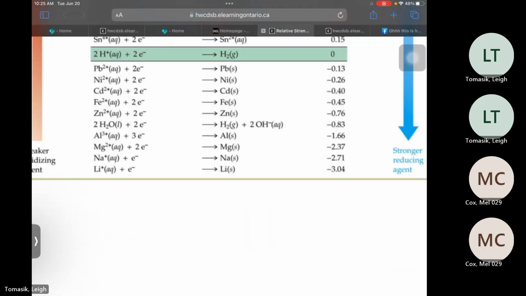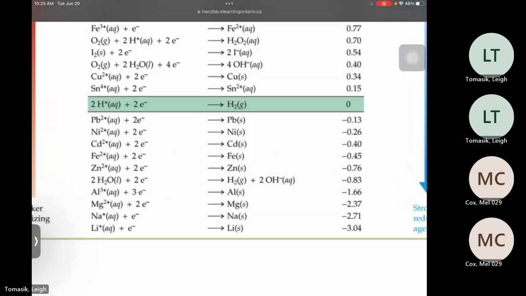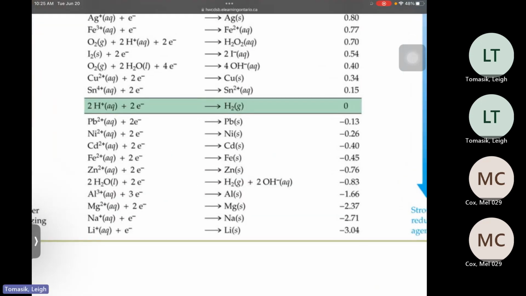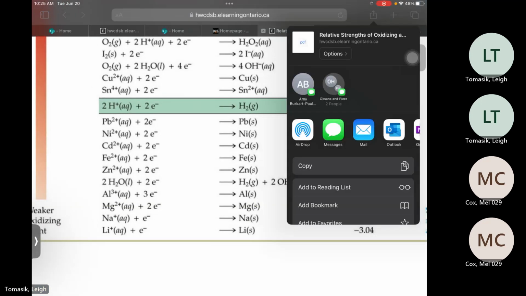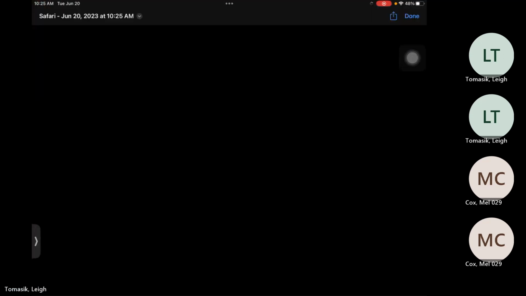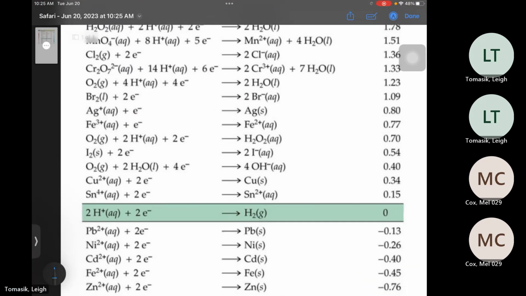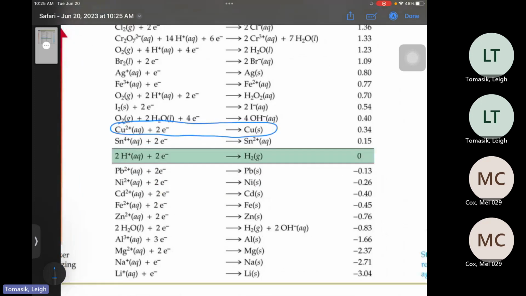We have copper here, our copper to copper 2 plus. And we need tin and tin 2 plus.